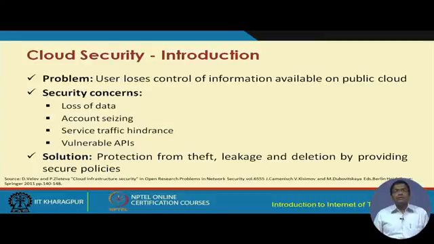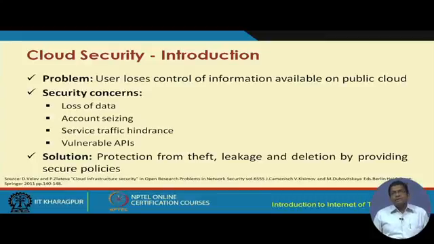So data security is very important, and overall the security of the cloud platform is very important, because otherwise the customers will have a lot of concerns which will affect, directly or indirectly, their use of cloud services.